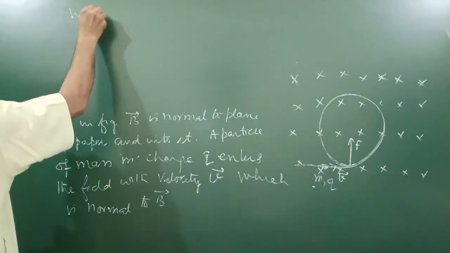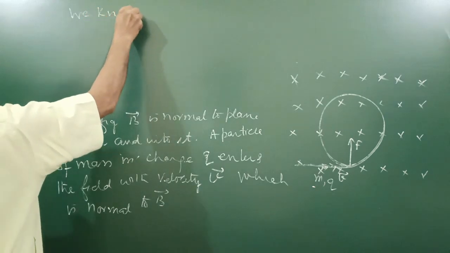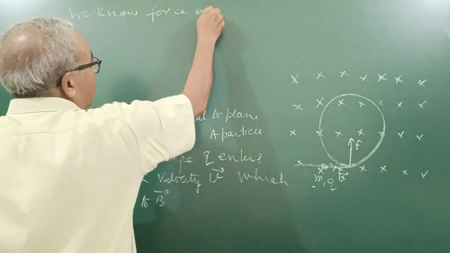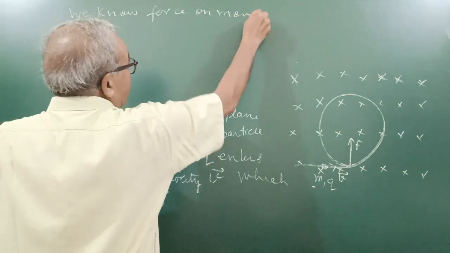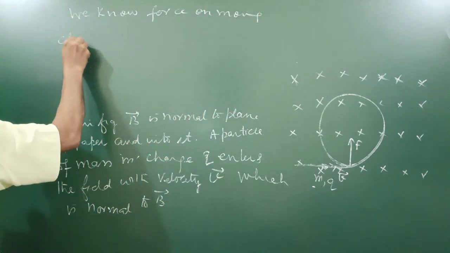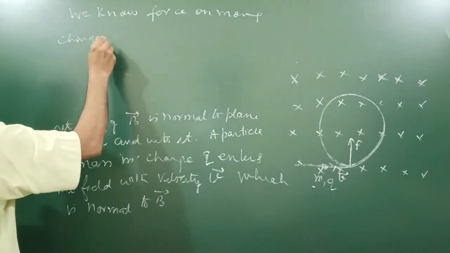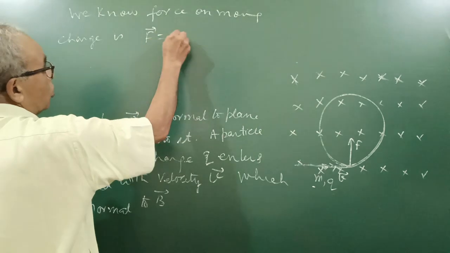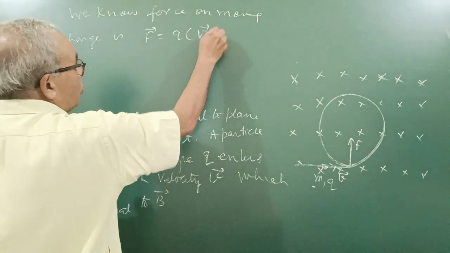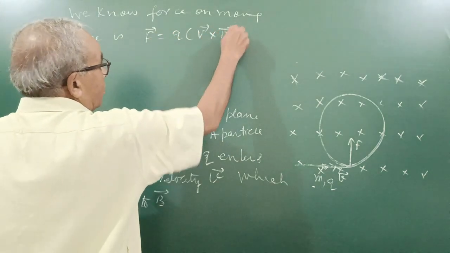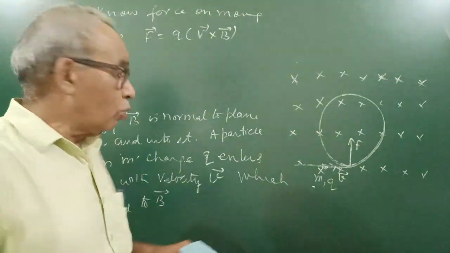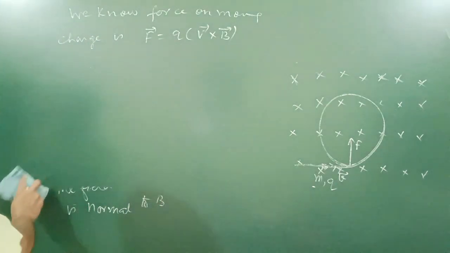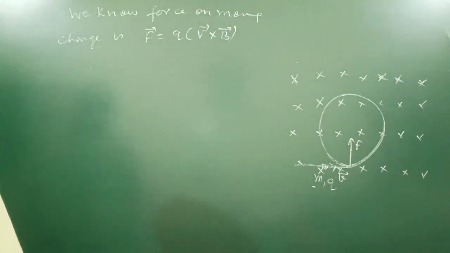Now, as soon as the particle enters the field, it experiences force because, as we know, force on a moving charge is vector F equal to q vector v cross B. So the direction of this force will be at right angle to v and B both, determined by the screw rule.